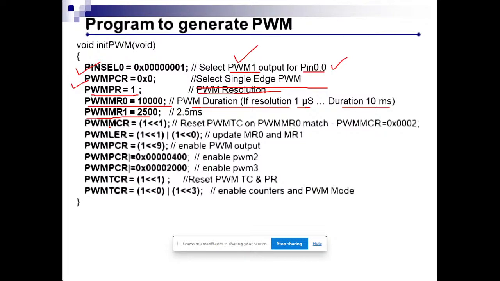So ultimately I can change the width of the pulse generated on the PWM1 output with the help of this match register. Whenever the timer register reaches this value, the match will occur, and at the output it will go high or go low depending on the value which we store. In this case, that will be decided by PWM MCR.